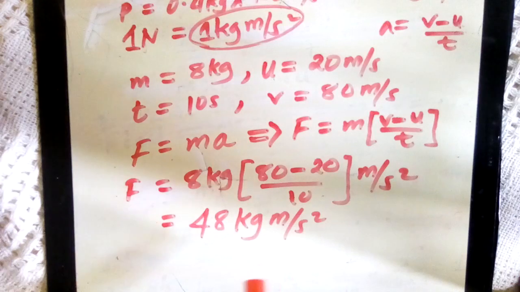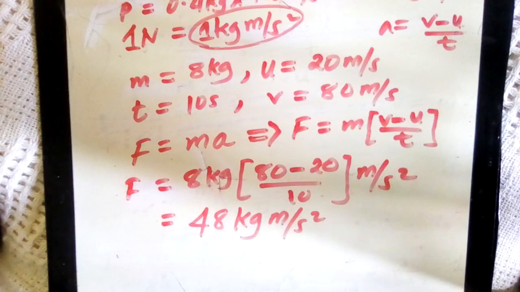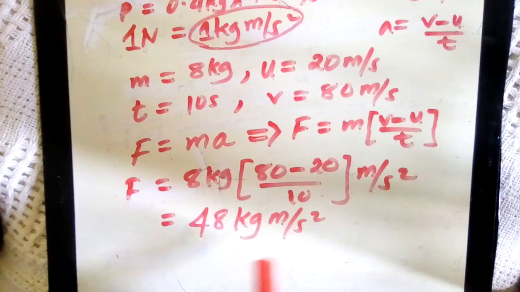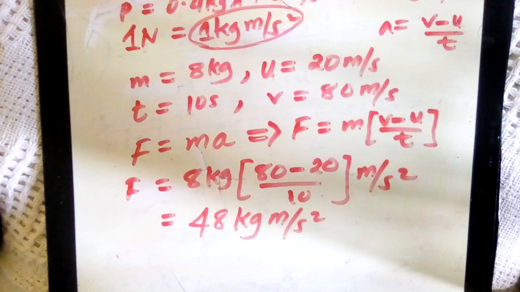But this may look against the SI unit of force, but there is nothing wrong about kilogram meters per second squared, since the definition of 1 newton is the force which acts on a unit mass of 1 kilogram and causes that body to accelerate with the acceleration of 1 meter per second squared.